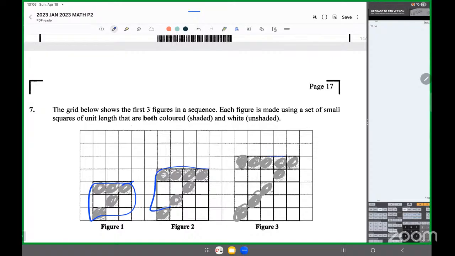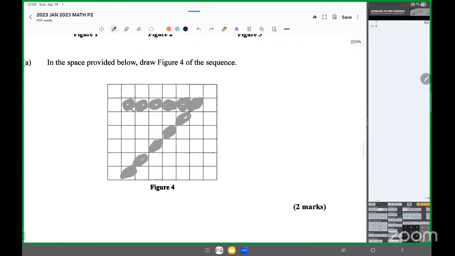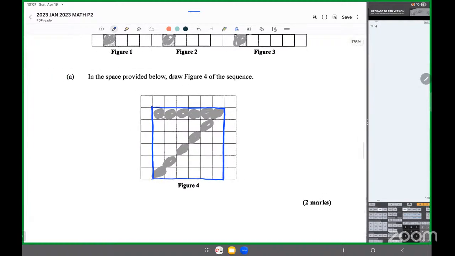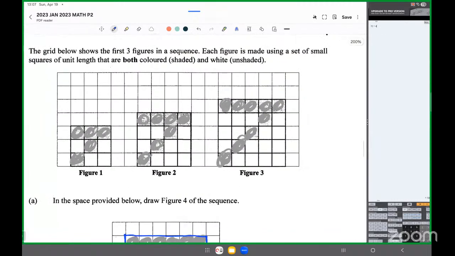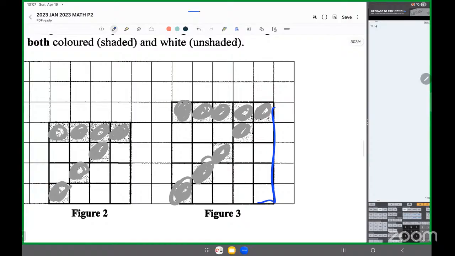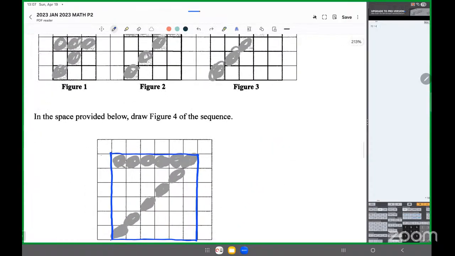So we should actually draw in the square. Let me draw in these squares. Inside the square, you have the shaded and the white.